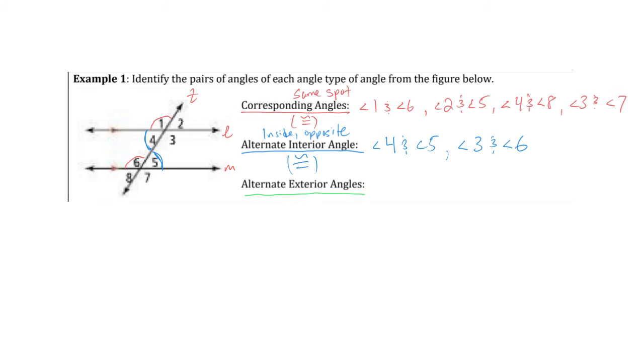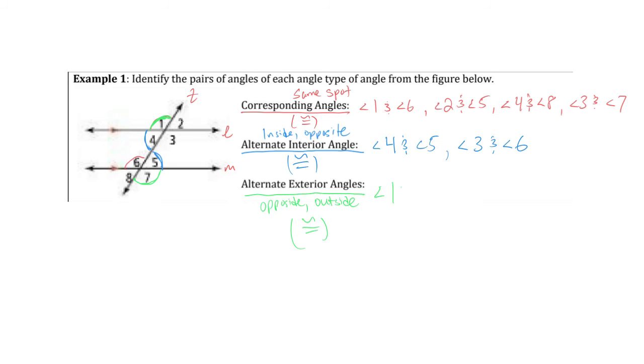The last is alternate exterior angles. So again, say we look at angle 1. Alternate means opposite, and exterior means the outside of both the parallel lines. Again, these are congruent as well.